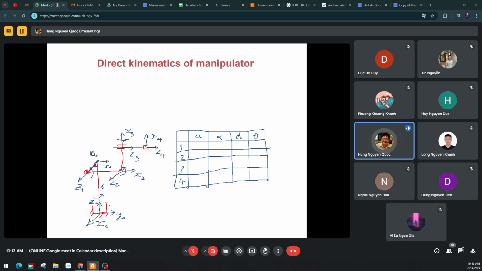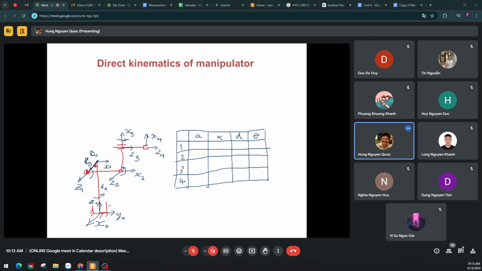Just say L1 here. This is L1. L1S means shoulder, like the shoulder of the arm.